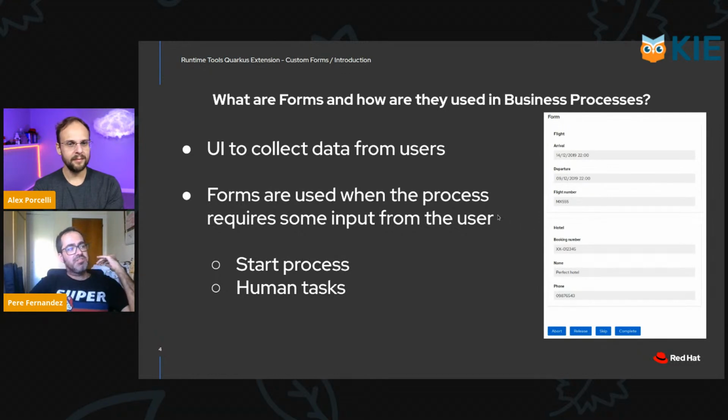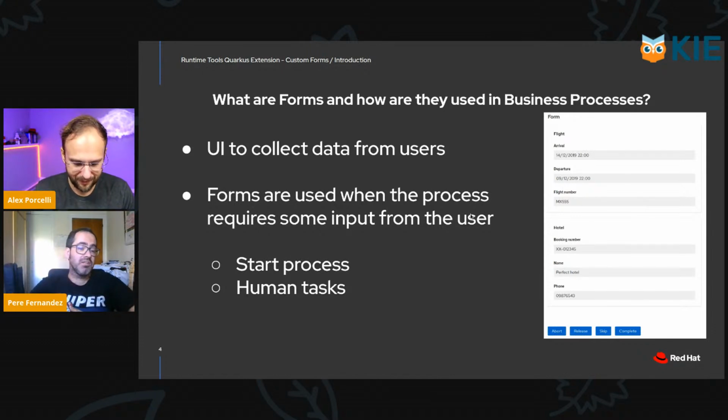When talking about business processes, forms are basically used when the process requires some interaction with the user. This happens when starting a process. I don't know how many of you are familiar with Business Central, but there was a table where you could see all the processes available in the system, or you could open a form and start the process from there, fill in the data, and start the process with the data.